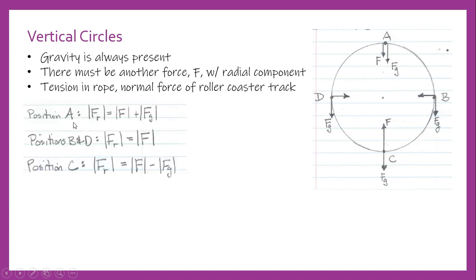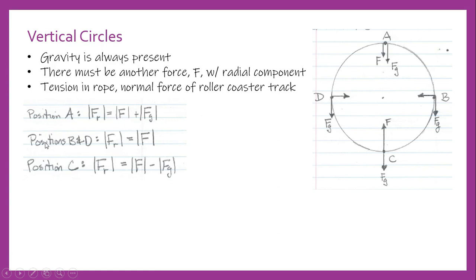Let's look at the magnitude of the net force in the radial dimension for the different positions. When you're at position A, both forces are pointing towards the center of the circle, so the magnitude of the radial force will be F plus F sub g. Keep in mind that F could be this total other force, or it could just be the radial component of the other force.